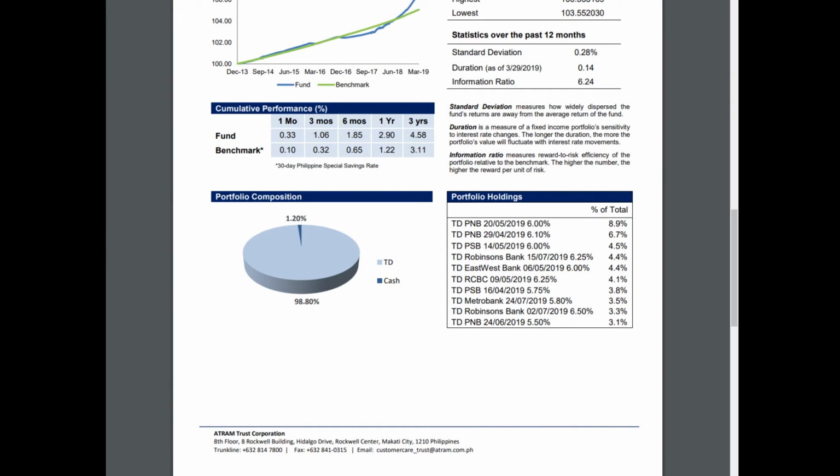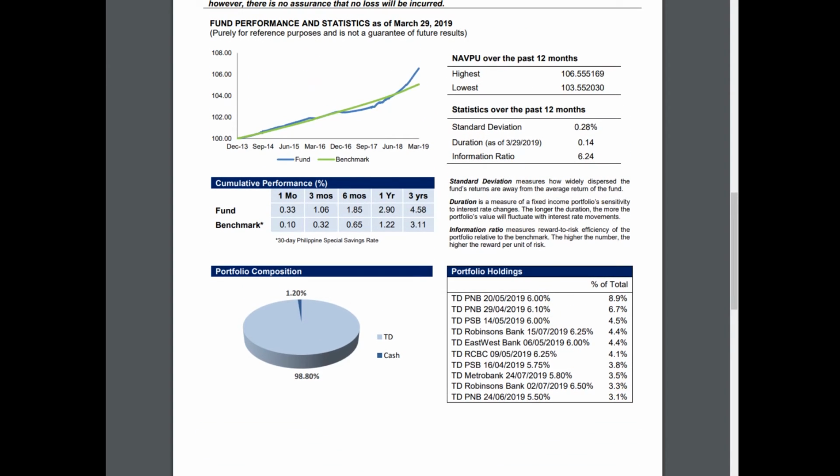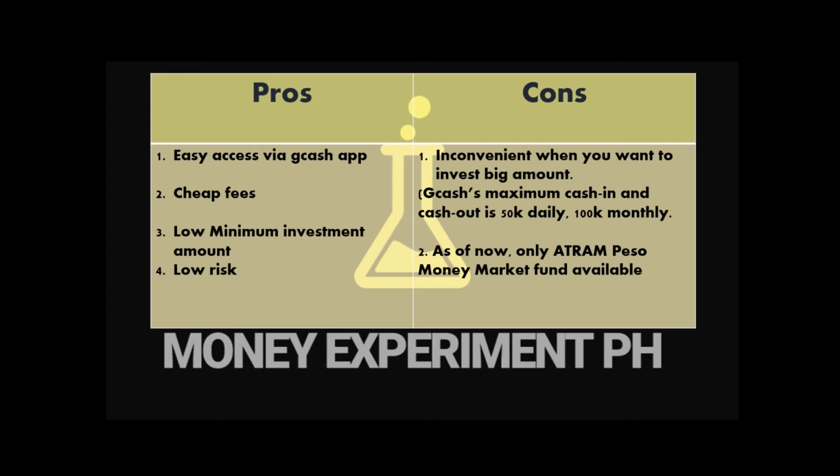And if you look at the portfolio holdings, it seems that the majority of their top holdings' interest rates are close to 6%, which means by 2020, when the investment reaches its 1-year mark, it is possible that the actual return would be higher than the computed return right now, which is 4.3%, as the fund performance recently is quite good. So lastly, I'm going to summarize the pros and cons of GCash investment.